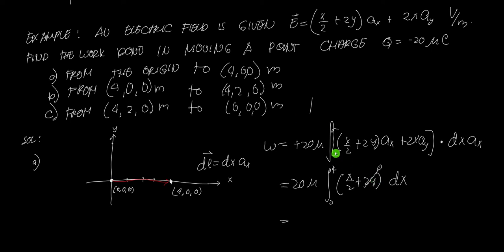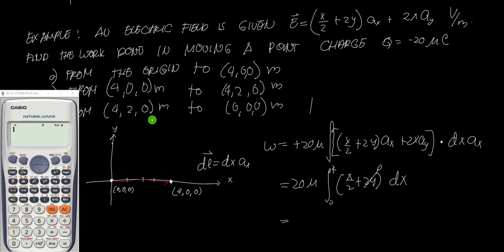So you can use your calculator to solve this. So we have 20 exponent negative 6. So that's 20 microcoulomb. The integral of, we only have x over 2, so alpha x over 2 from 0 to 4.